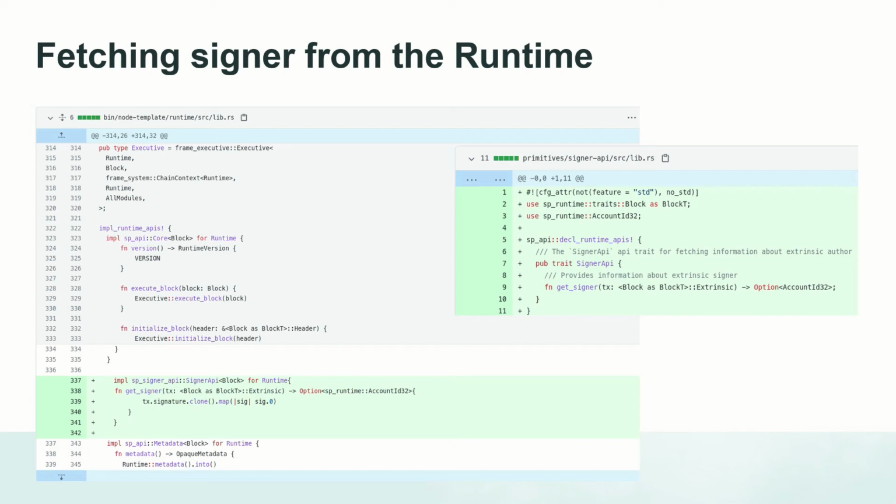And as all the runtime APIs are implemented within the runtime crate, we can have access to fully qualified types. So as you can see in the code sample on the right, we can read information about the signature and point to the specific field that is related to who is actually the signer of the extrinsic.